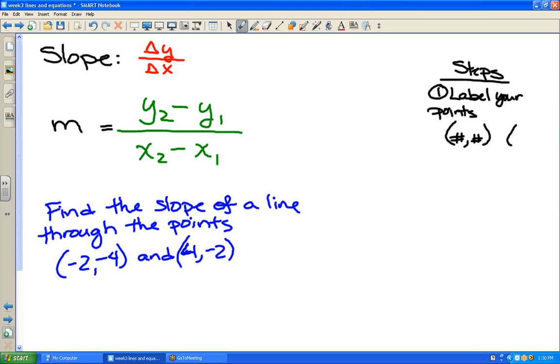And then your second point would be a number and another number. So what I want you to do with your points is label them. I'll use X. This is my first point, so X1, Y1, because remember it goes X, Y, and that's my first point. And then X2, Y2. So that means X is my second point, Y is my second point.